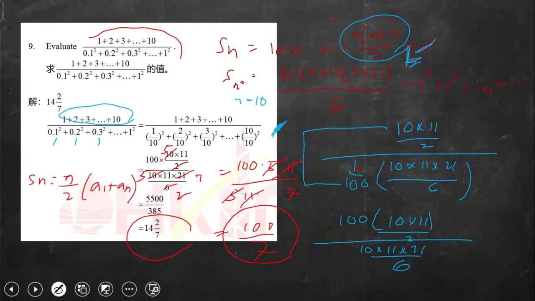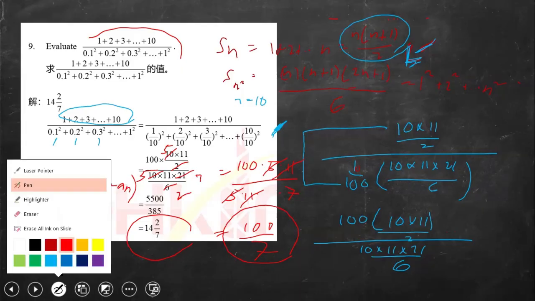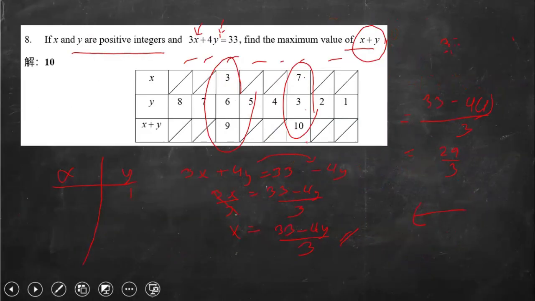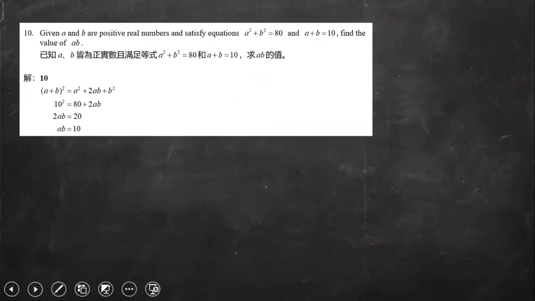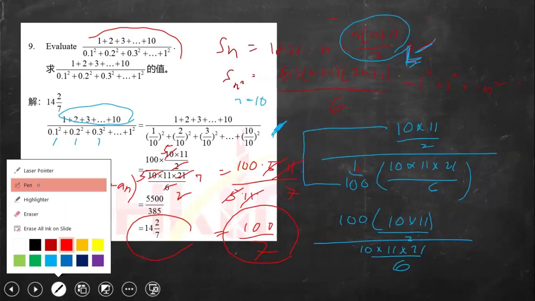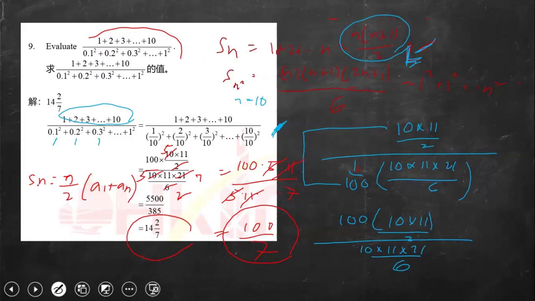But the number of terms is going to be equal to the last term. See, we're starting from 1 to 10, right? In this case, n here is 10, and a sub n is also equal to 10. So the formula still holds.